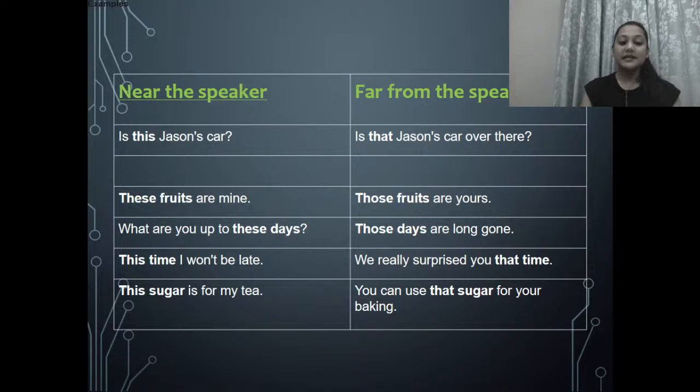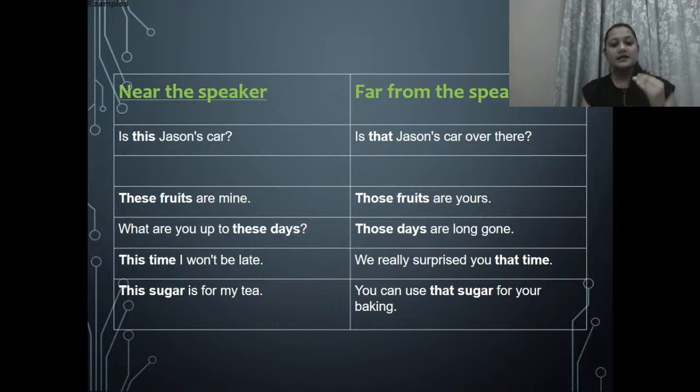That means you are close by to the car. Far from the speaker: is that Jason's car over there? There's a car which is far from you, and you are wondering, is that Jason's car over there?